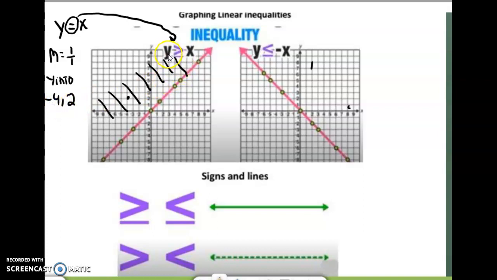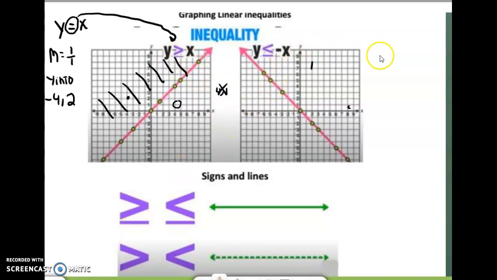So 2 is greater than negative 4. And any answer over here would not work. So for instance, 4, 1 right here. Well, 1 is not greater than 4, so that would not be an answer.